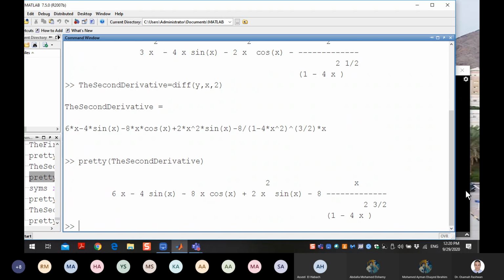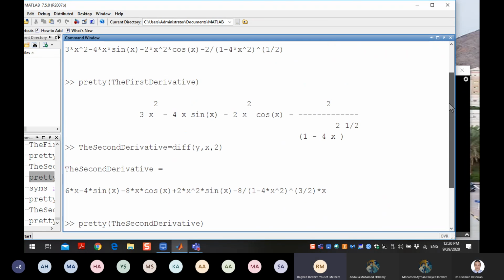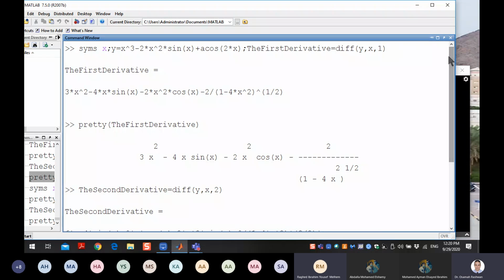Okay. Who's going to try the second one, please? Who's going to just let me know how to type this one? You can say and can type here if you don't have. Sorry. Yes, when I try the first one, syms, they said to me it's undefined. Can you show me your screen?